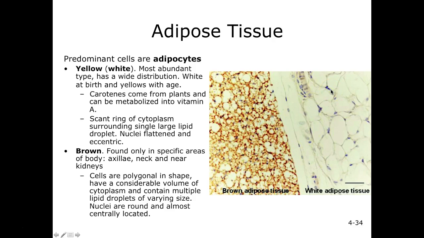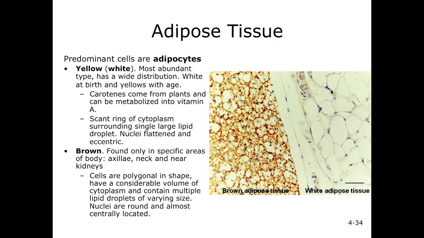Next, we have our brown adipose tissue. This is only found in specific areas of our body, like our axilla, our armpit, our neck, and near our kidneys. The reason it has that brown pigment to it is we have this cytochrome pigment that is in the numerous amount of mitochondria that we have in these parts of our body. And also, it is very abundant in blood supply.